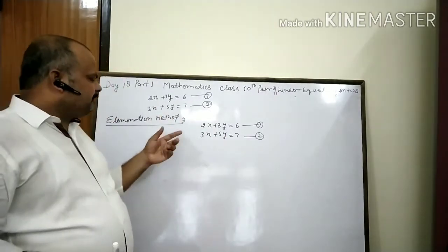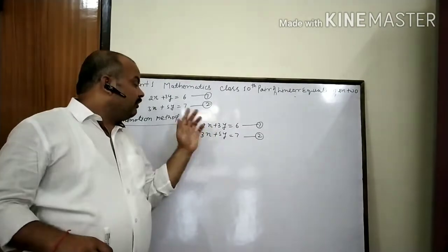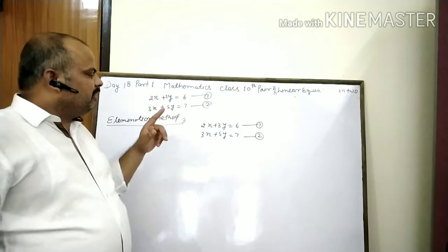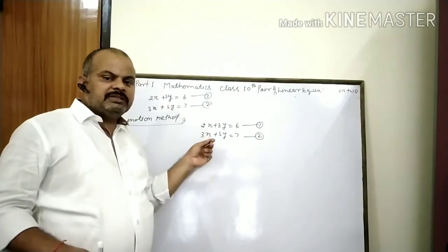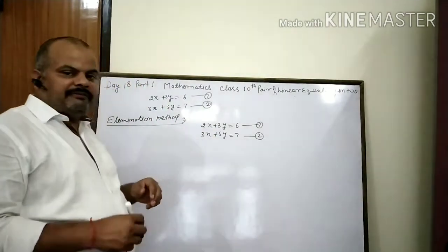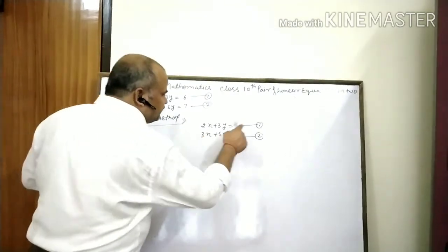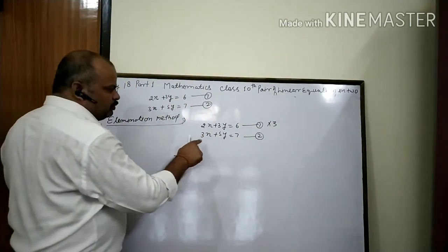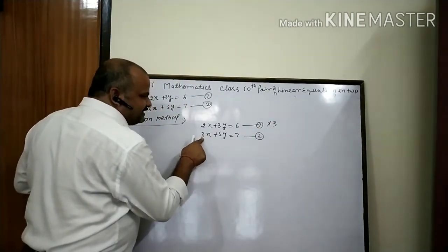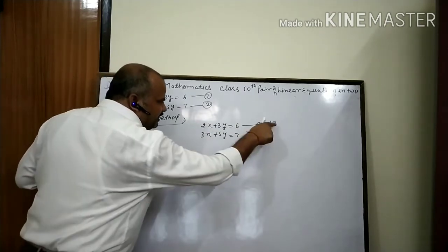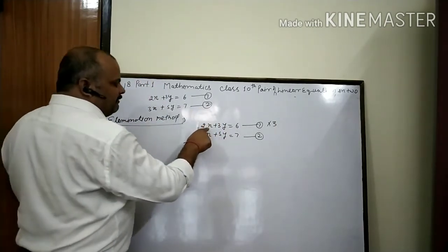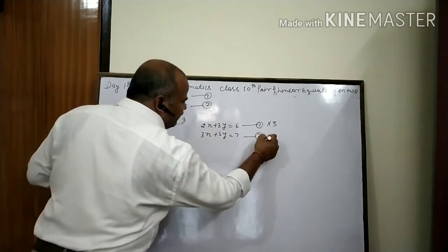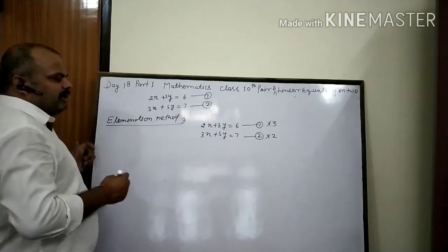First of all we equate the coefficient of x. In equation 2 the coefficient of x is 3, so this 3 is multiplied in equation 1, and in equation 1 the coefficient of x is 2, so we multiply by 2 in equation 2.